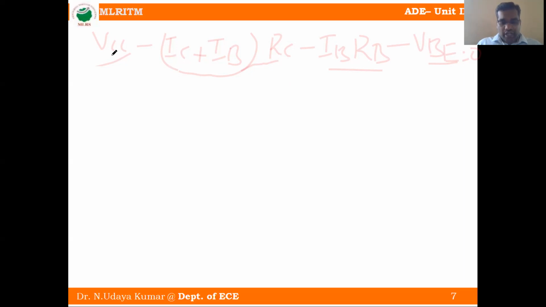From this, we write VCC as it is, and shift the entire remaining terms to the right side, so all are plus terms; minus is converted into plus. So VCC is equal to IB into RC plus RB, plus IC into RC, plus VBE.